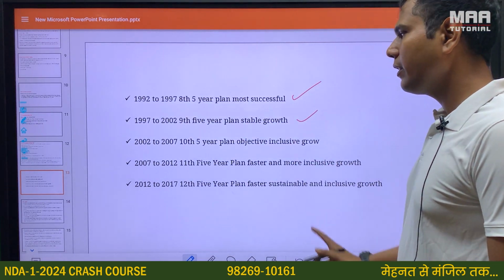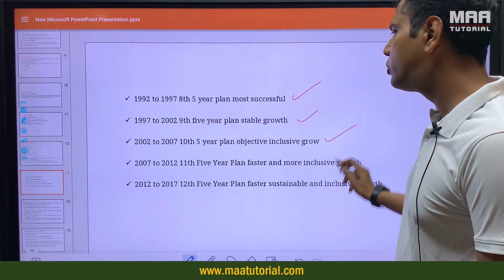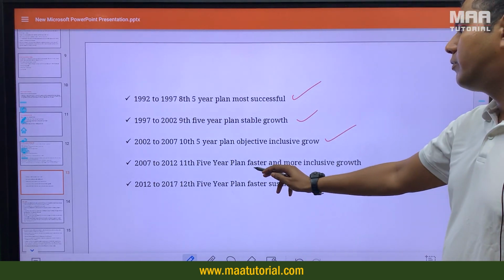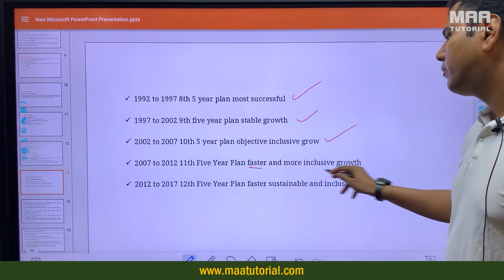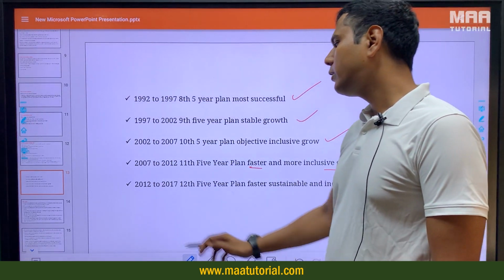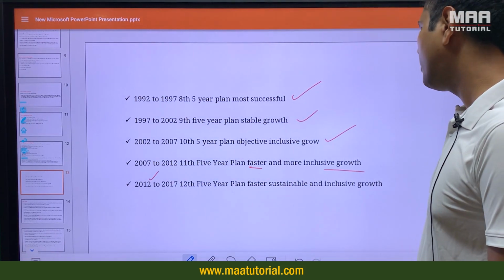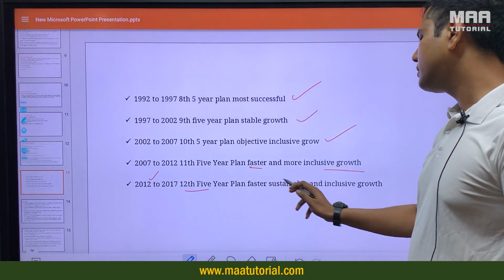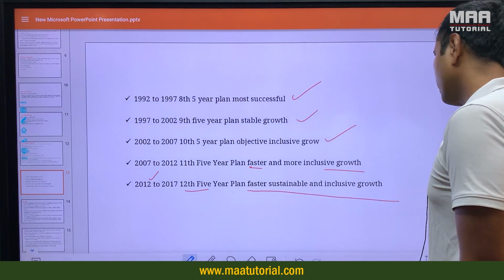In 2002 the 10th 5-year plan was introduced. The objective was inclusive growth. In 2007 we observed another 5-year plan. The objective was faster and more inclusive growth. In 2012 the last 5-year plan came in, that is the 12th 5-year plan. The objective was faster, sustainable and inclusive growth.